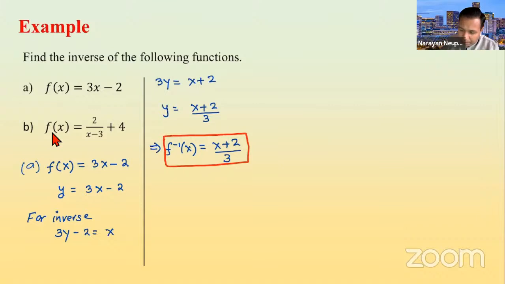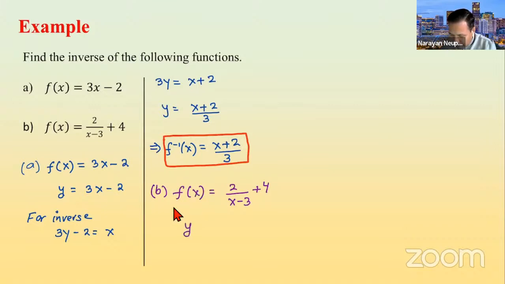So B, we have f of x equal to 2 over x minus 3, plus 4. First we write this f of x as y.